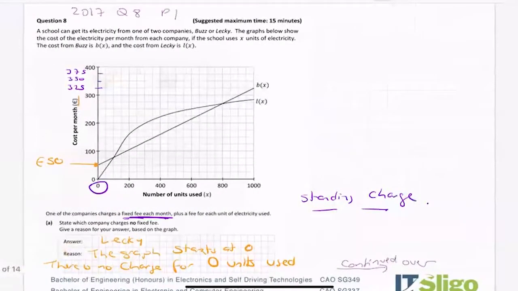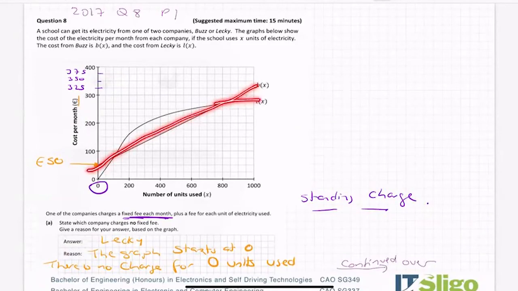So I come over here and there's my B of x, there's my L of x there. So when is B of x less than L of x? Well, it's less than it here, all the way down here to there. Can you see at that point, this one is higher.